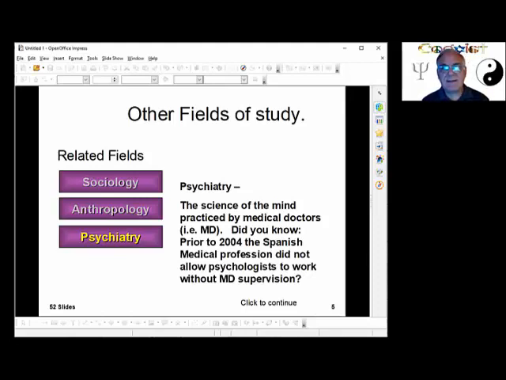In the United States, we have a similar issue where psychiatrists were stealing patients from the psychologists because a psychologist cannot prescribe drugs. They have to send their client to a psychiatrist to get the drugs. Well, then the psychiatrist would say, hey, I can do everything that the psychologist can do, so you don't need to go back to the psychologist.